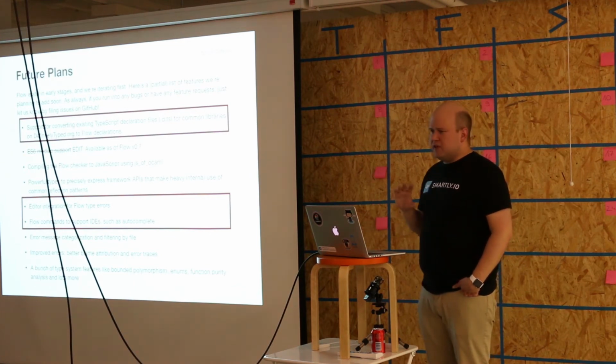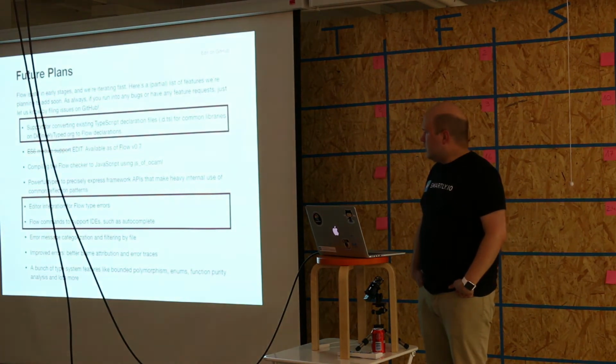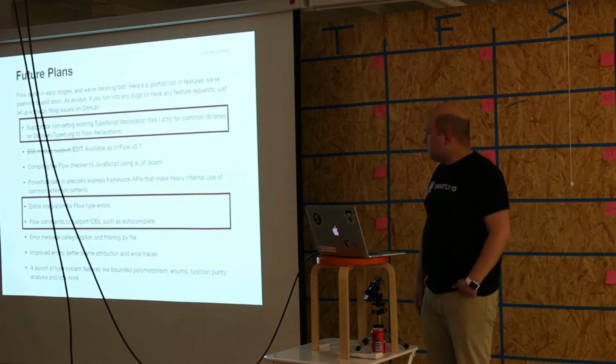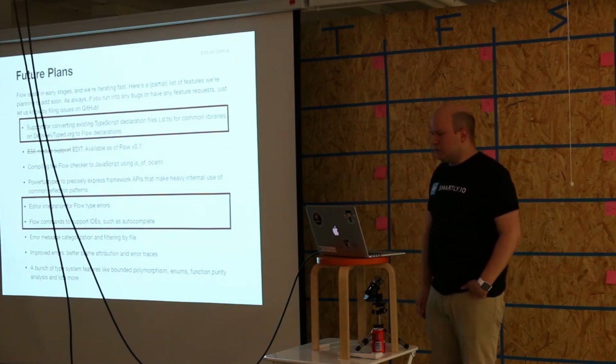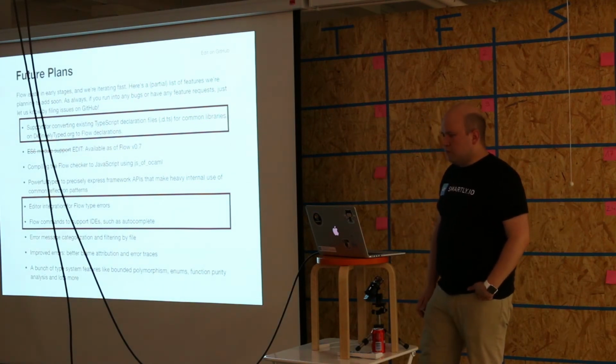And then obviously the editor support is something that can be pretty useful. So that's one of the things they're also planning to work on. But Flow is also developing pretty fast, so it might become a pretty cool tool.